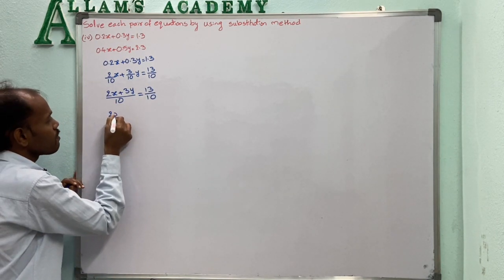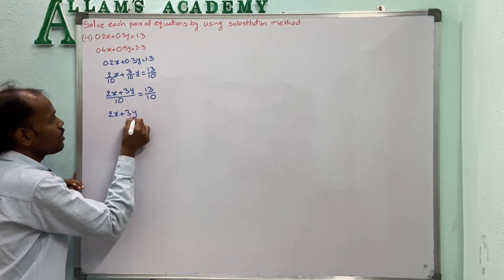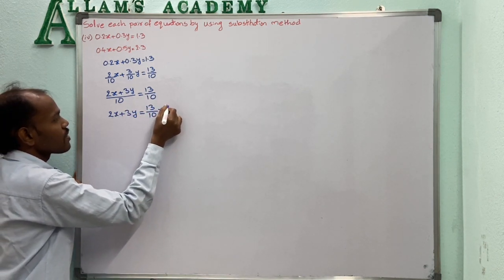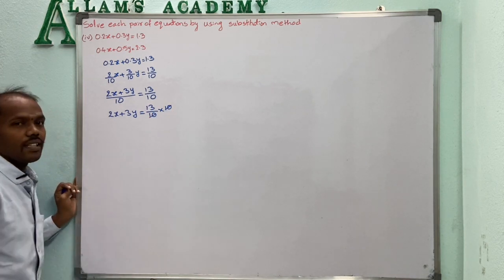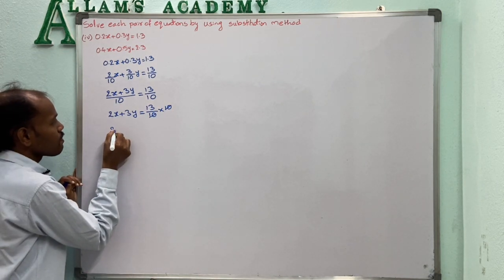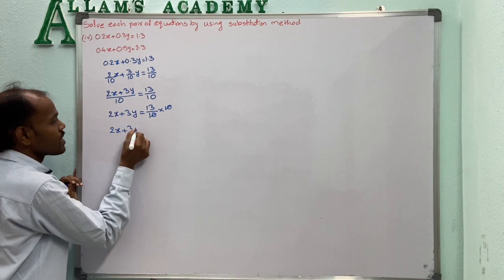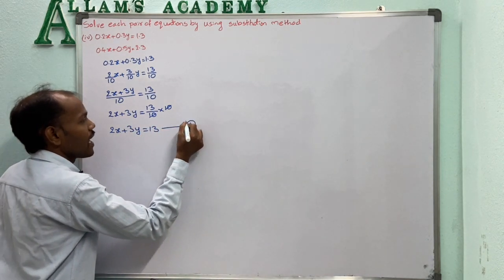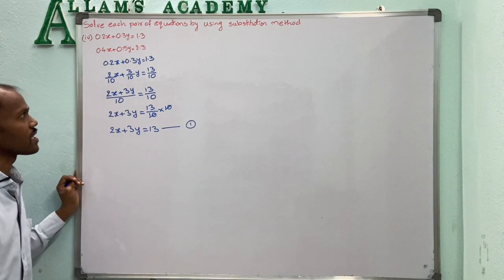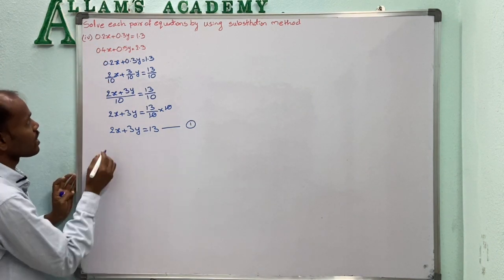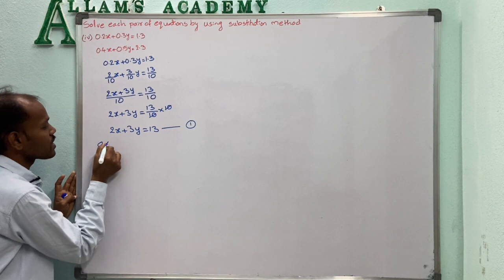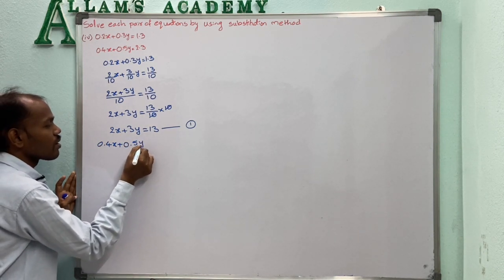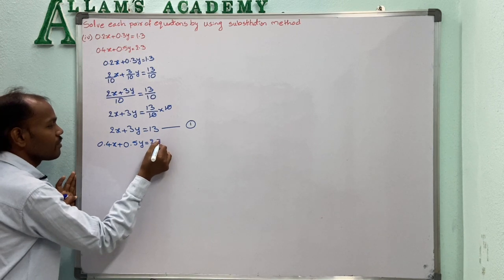So 2x plus 3y equal to 13 by 10 into 10. So 10 gets cancelled. That means 2x plus 3y is equal to 13. Now this will be taken as the first equation. Now the second one, observing 0.4x plus 0.5y equal to 2.3 given.